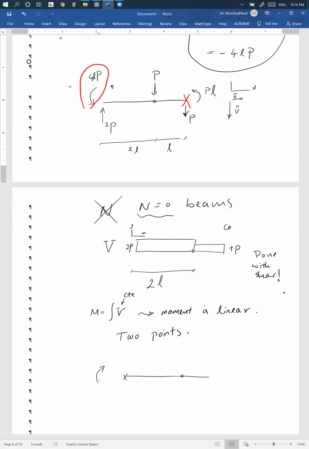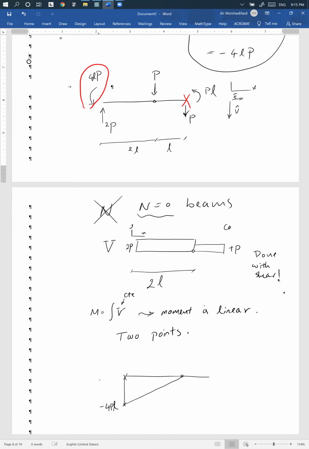I know that moment is negative because the 4PL that I have is in the negative direction. So you just plot negative 4PL. I know that moment is 0 here. So I have two points along this segment. That's it. You have your moment for this segment.